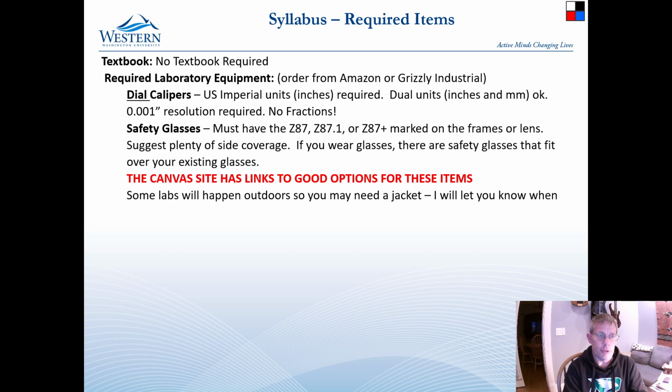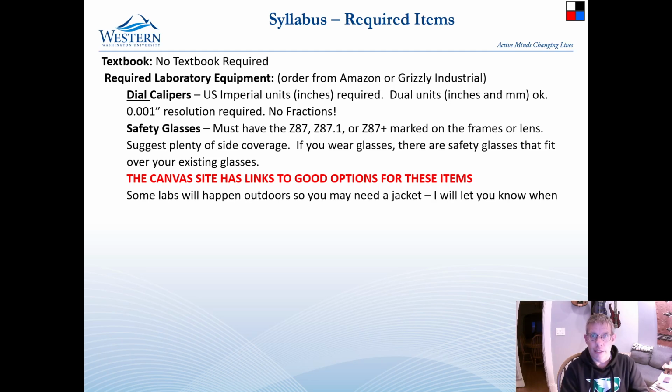There is no textbook required for labs, so you need to have closed-toed shoes, long pants, and safety glasses. The safety glasses need to have Z87 or Z87.1 or Z87 Plus. There are a number of different markings, but that is the ANSI impact resistance of those safety glasses. That needs to be marked on them.